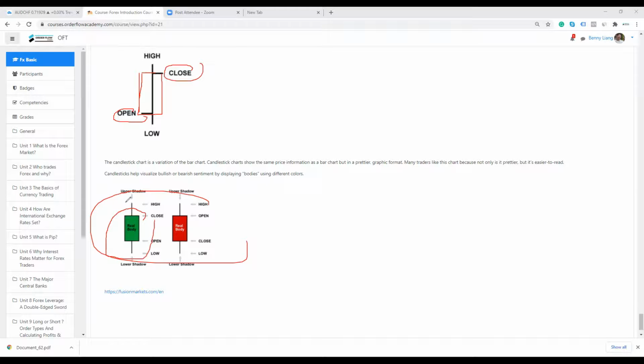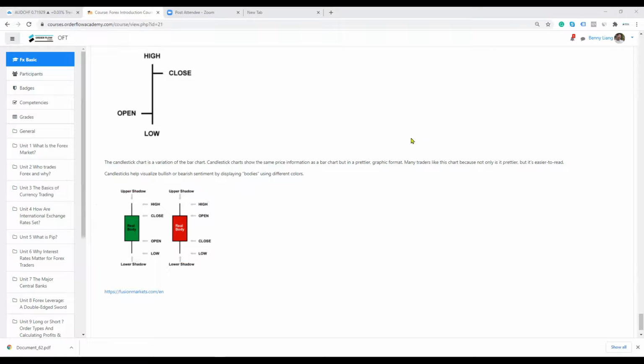Traditionally, traders like to use a green candle body to indicate bullish, and red for bearish. When we see a red color, it means the opening price is on top. We immediately know. So that's how we read a candlestick chart.